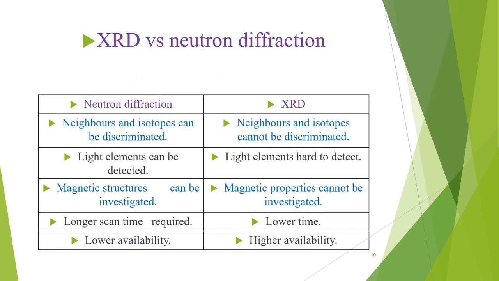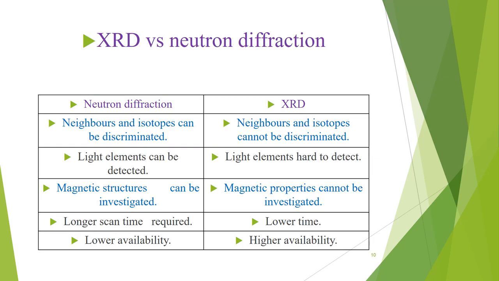In both cases, the atoms have a magnetic moment for neutron scattering by the electrons. Here is some comparison between XRD versus neutron diffraction. In neutron diffraction, neighbors and isotopes can be discriminated, while in XRD, neighboring atoms and isotopes cannot be discriminated.